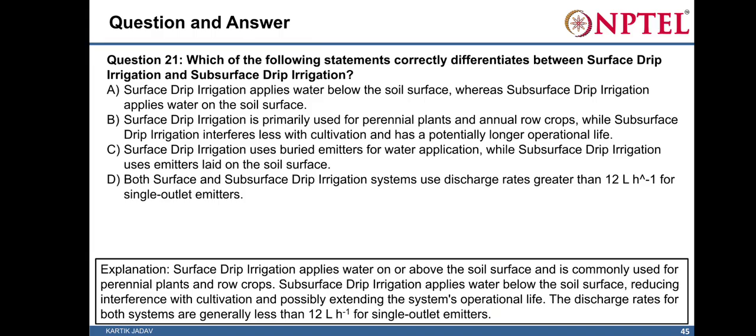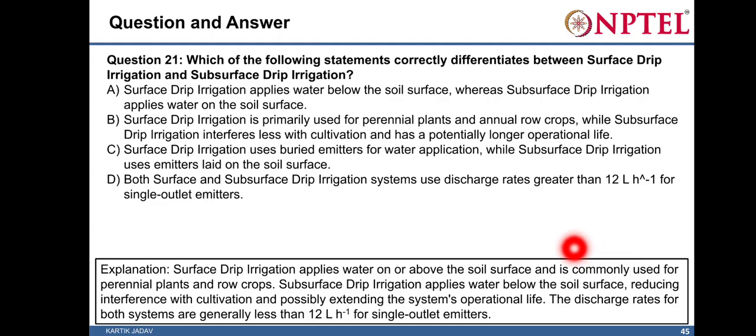Next question. Which of the following statements correctly differentiates between surface irrigation and subsurface drip irrigation? So surface irrigation applies water on or above the soil surface and is commonly used for perennial crops and row crops.